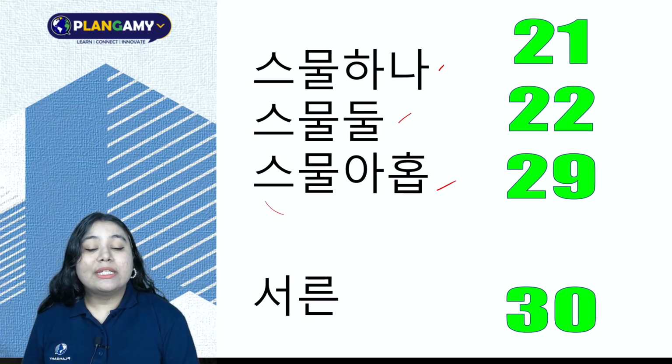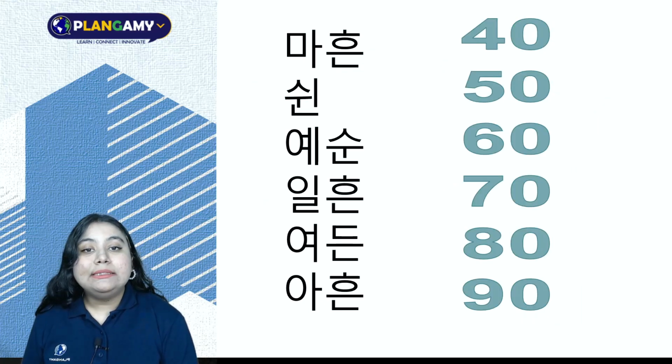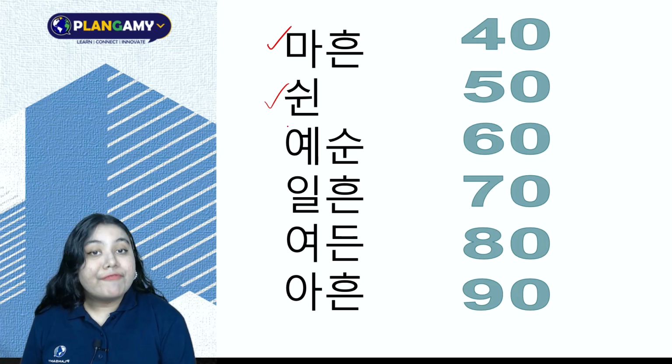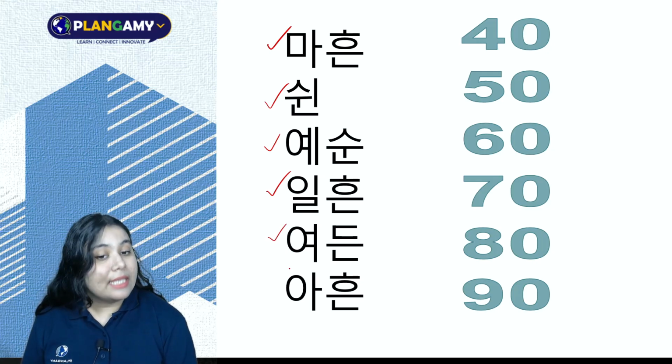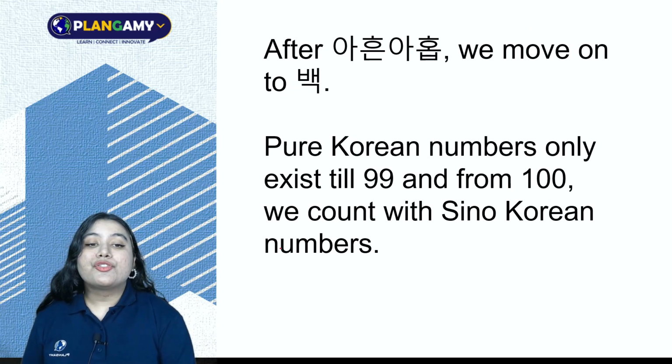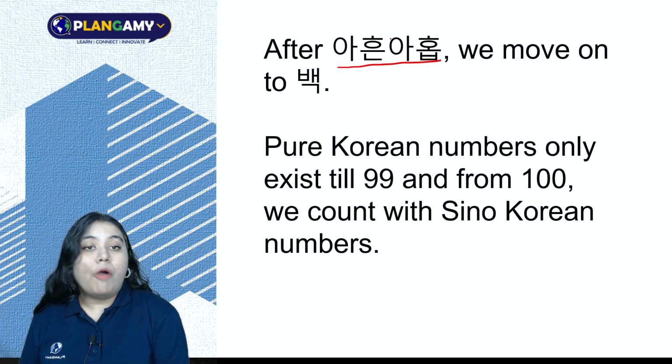So we did till 열, 스물, 서른. Then 마흔 is 40, 쉰 is 50, 예순 is 60, 일흔 is 70, 여든 is 80 and 아흔 is 90. So, we reached till 아흔아홉, 99.